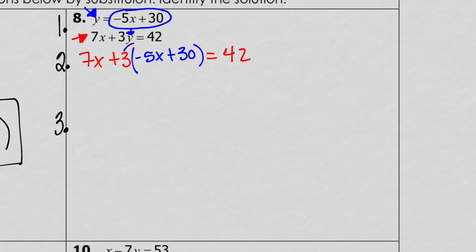First thing we're going to do is we're going to distribute this 3. So we'll get 7x, 3 times negative 5x is negative 15x, and 3 times 30 is 90. Okay. Then we are going to solve. We have 7x minus 15x is negative 8x.